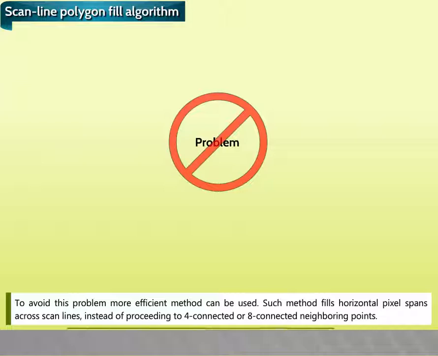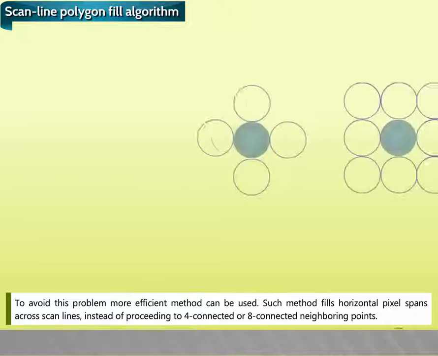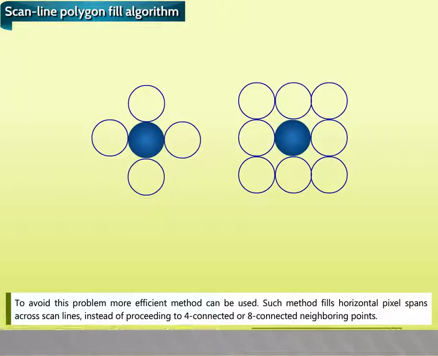To avoid this problem, a more efficient method can be used. Such a method fills horizontal pixel spans across scan lines instead of proceeding to 4-connected or 8-connected neighboring points.